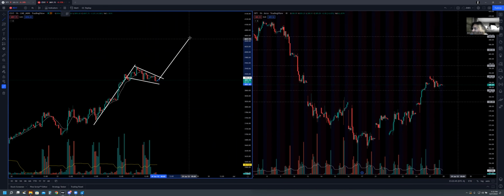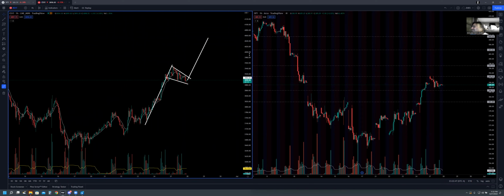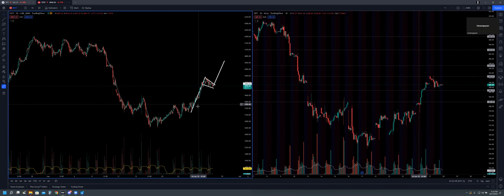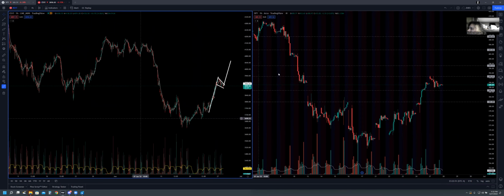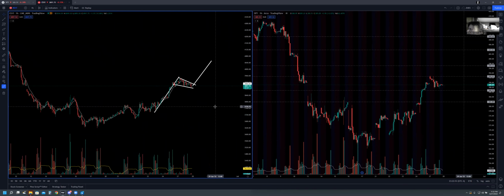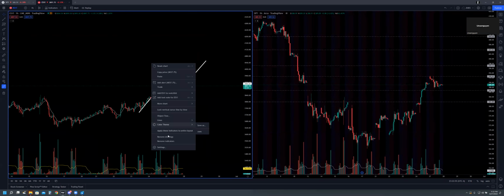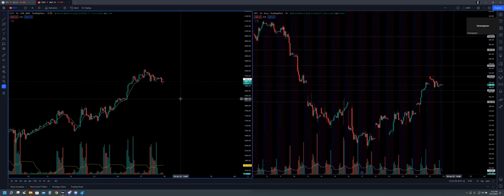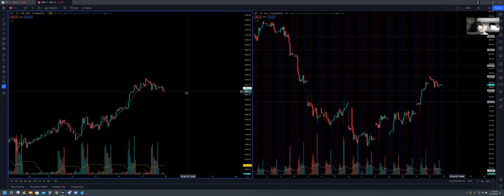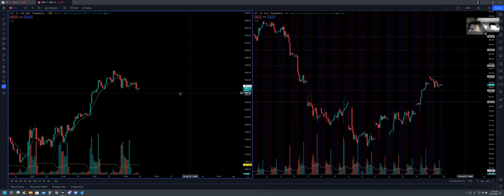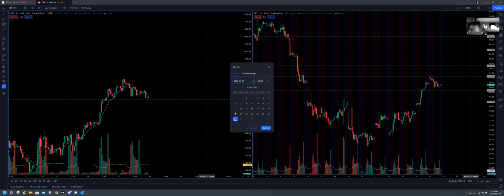Oh, maybe a lot of it. We'll just have to see where we are in the morning, then we'll see what calls we could do. Right here there is a nice support on ES if you just draw a line right here.